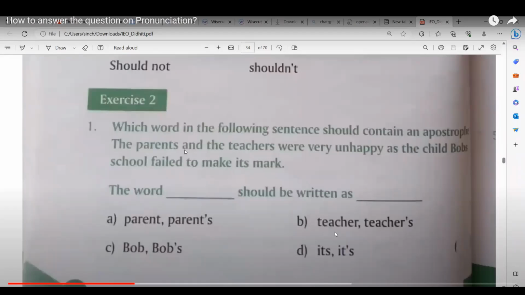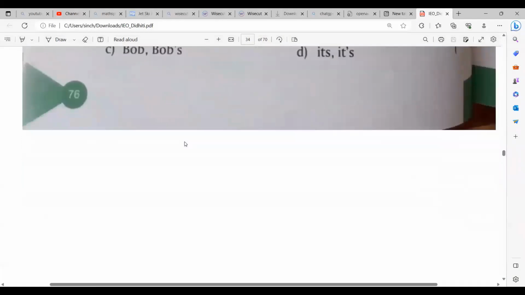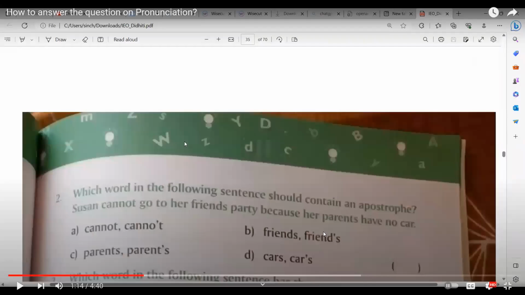It will not be teachers because teacher is not written as teachers. Okay, now Shruti, tell me number 2. Which word in the following sentence should contain an apostrophe?